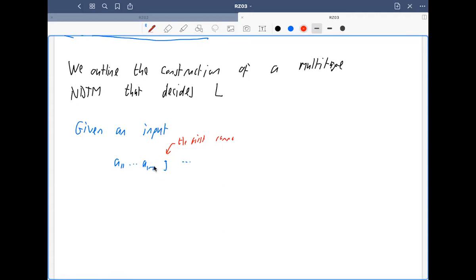So the first comma gives us the number of things we need to guess.